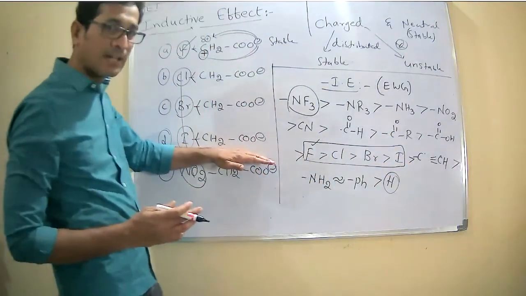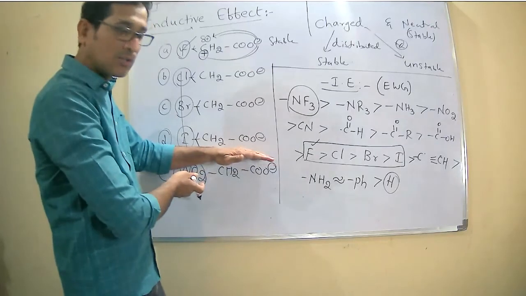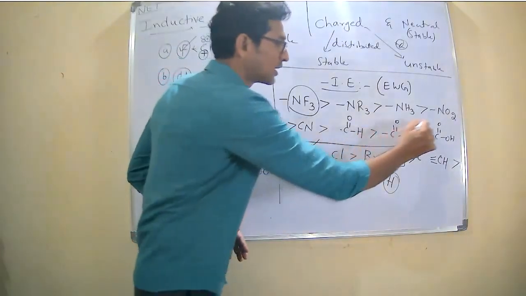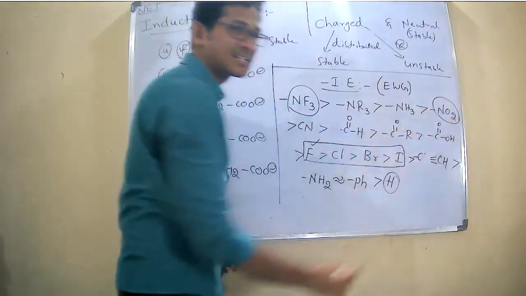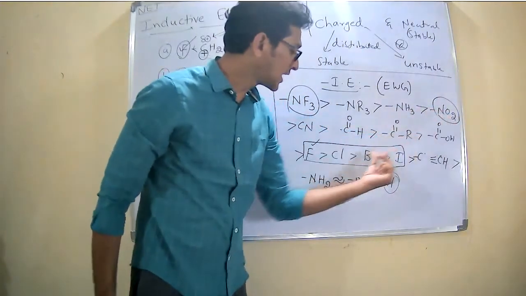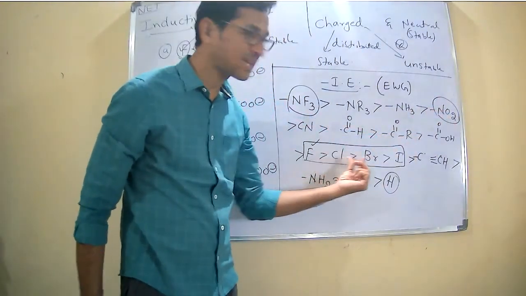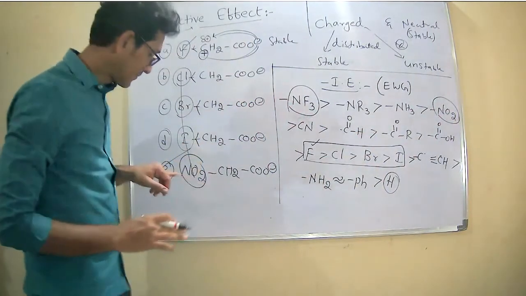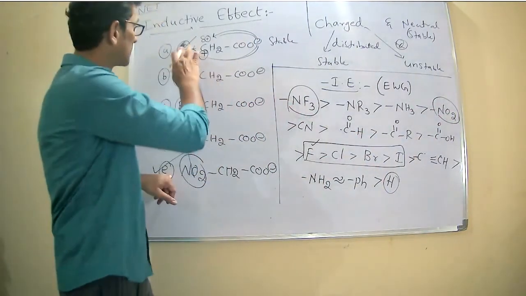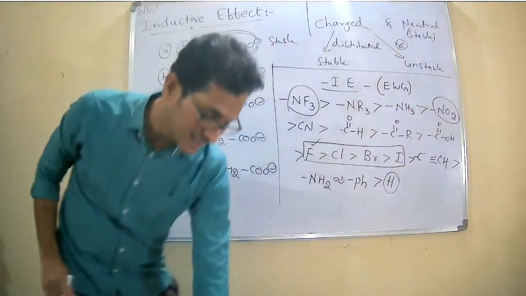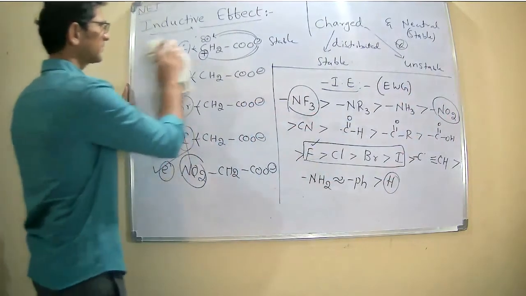That's why, when I did not include E, option A is correct. But now I included one more option E, which contains the nitro group. The nitro group is more electron withdrawing than these halogens. Therefore, option E is correct when I include this.